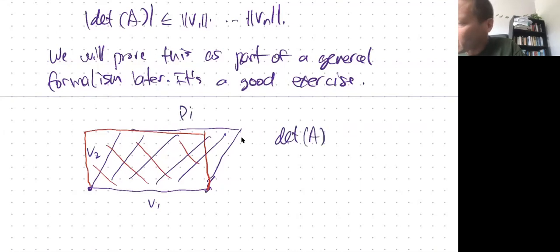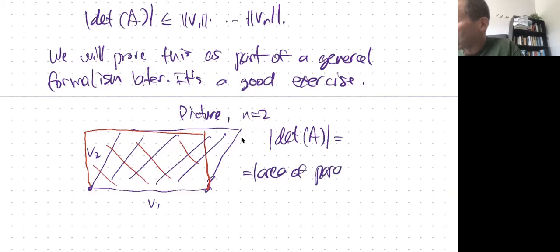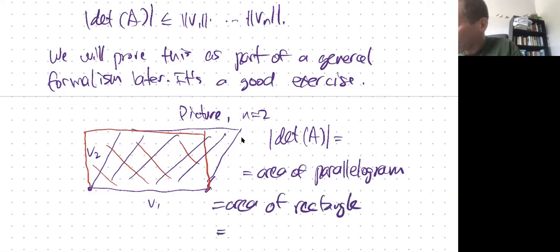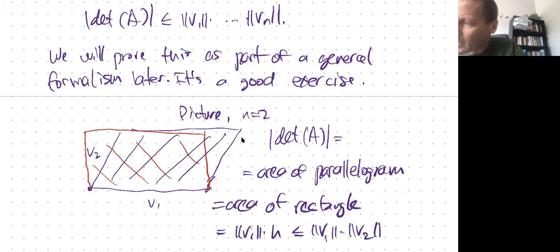It's a picture in dimension 2. The absolute value of the determinant of A is the area of the parallelogram, which is the area of the rectangle, which is the norm of V1 times the height, which is less than or equal to the norm of V1 times the norm of V2. This is the height.